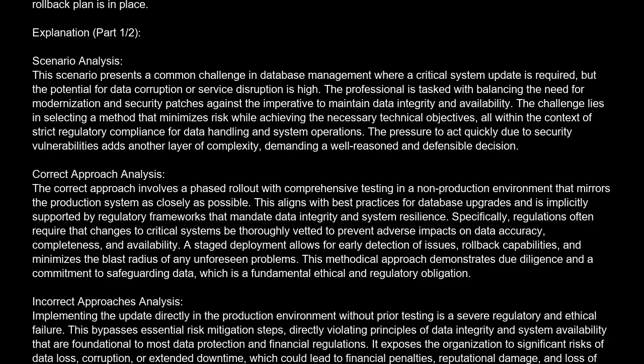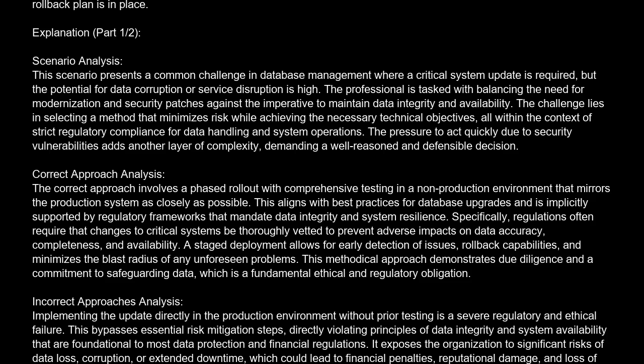Correct approach analysis. The correct approach involves a phased rollout with comprehensive testing in a non-production environment that mirrors the production system as closely as possible. This aligns with best practices for database upgrades and is implicitly supported by regulatory frameworks that mandate data integrity and system resilience.